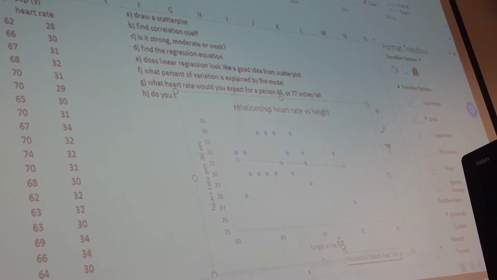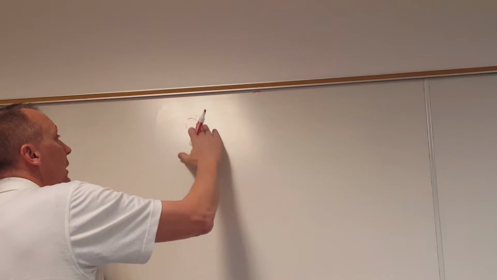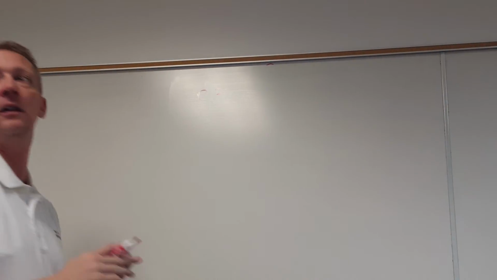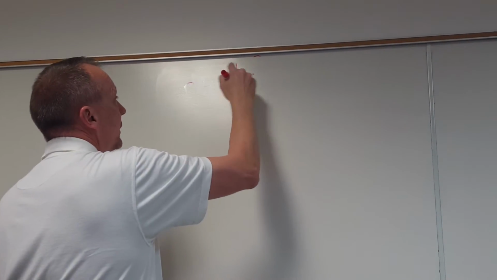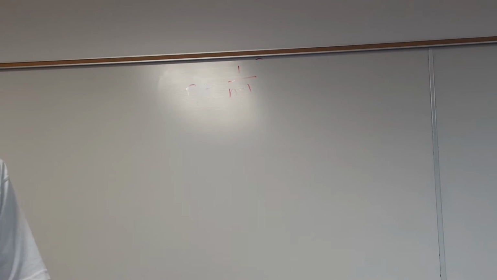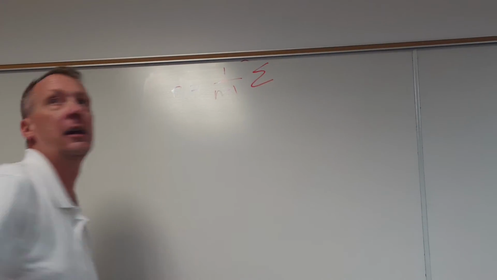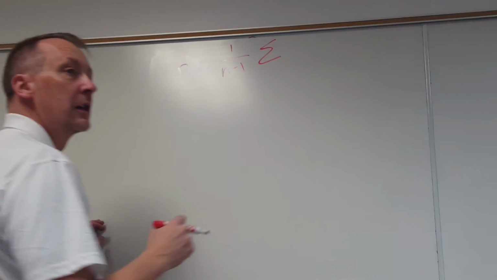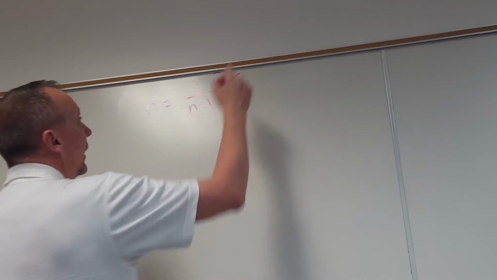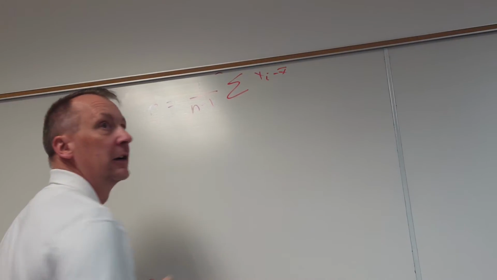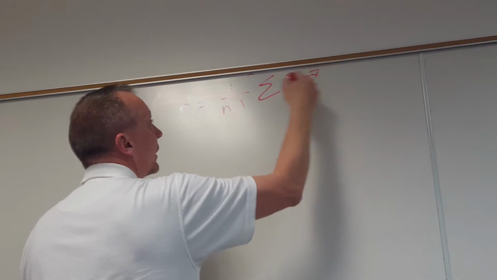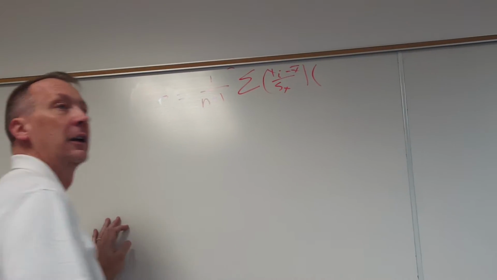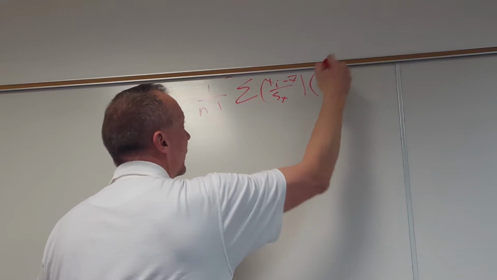Do you guys have that memorized? R equals 1 over n minus 1 times the sum of xi minus x bar over s of x, times the same thing for y, yi minus y bar over s of y.